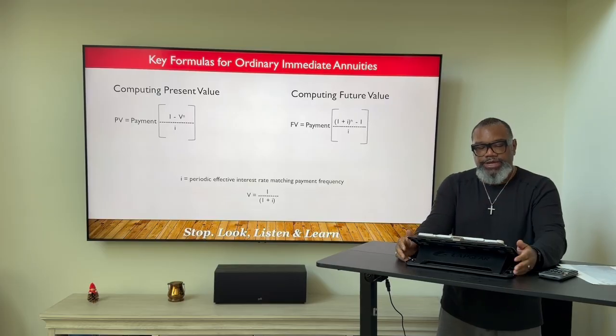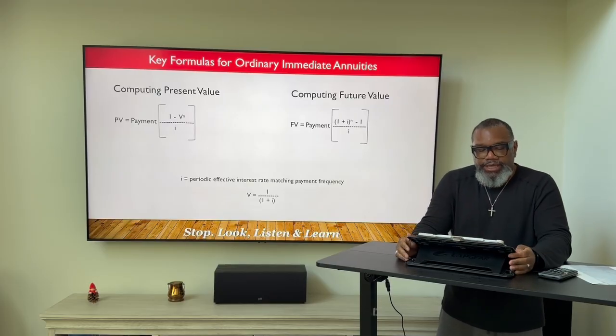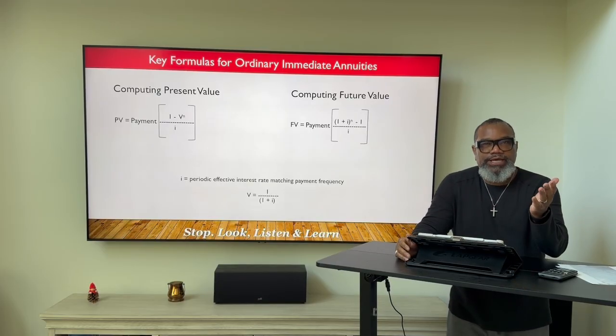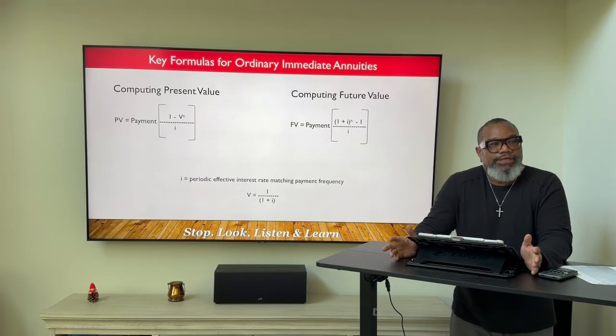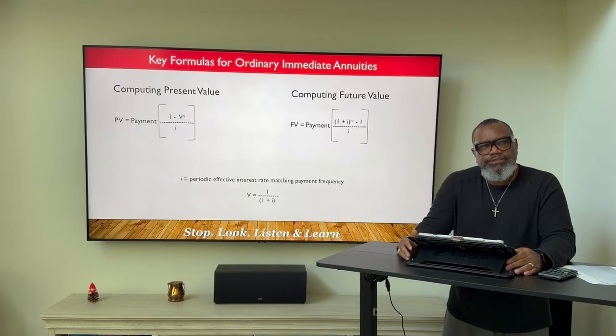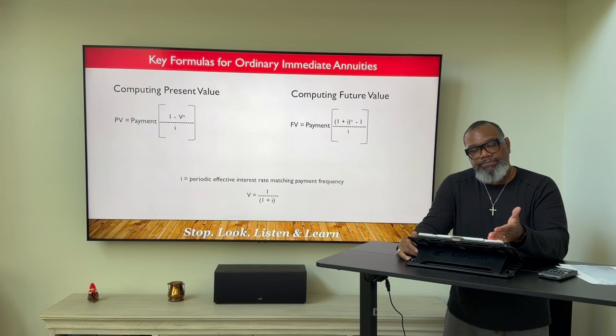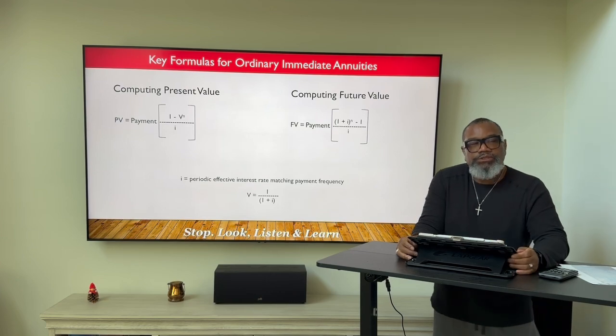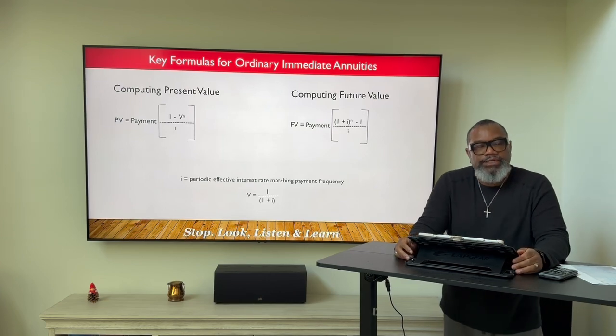And so you subtract V to the n from 1, and then you divide that difference by the periodic effective interest rate, and that would give you something that's called the present value annuity factor, and then you multiply that times the payment, and then that will tell you what the present value of that annuity is.